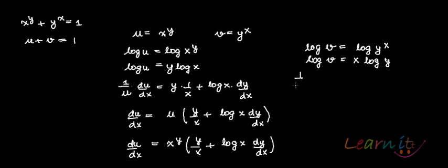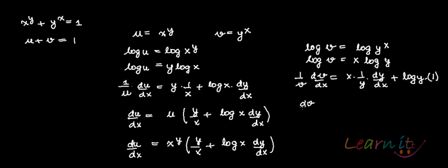Differentiating this, you will get 1 by v dv by dx is equal to the first function as it is into the derivative of the second function, which is 1 by y into dy by dx, plus the second function as it is into the derivative of the first function, which is 1. So dv by dx can be written as v into x by y dy by dx plus log of y.